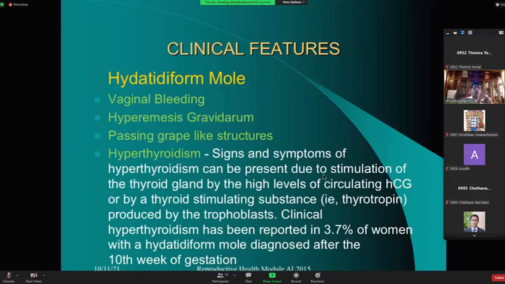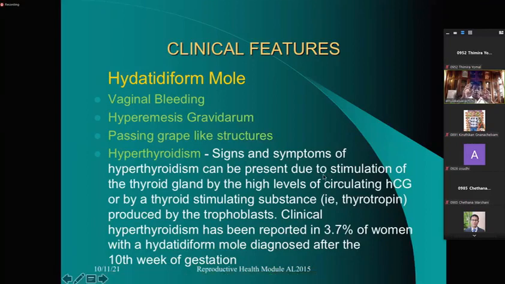Now, sometimes, on rare occasions, people might present with exaggerated vomiting, because if you remember when you talked about hyperemesis gravidarum, we said it's related to the pattern of HCG rise.